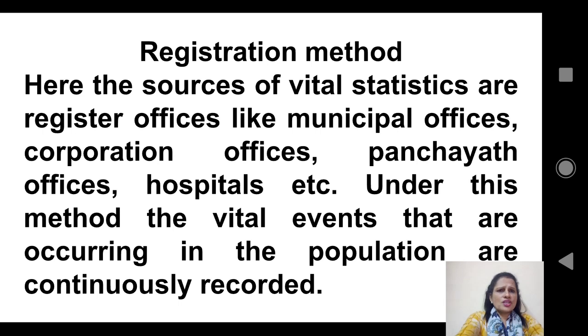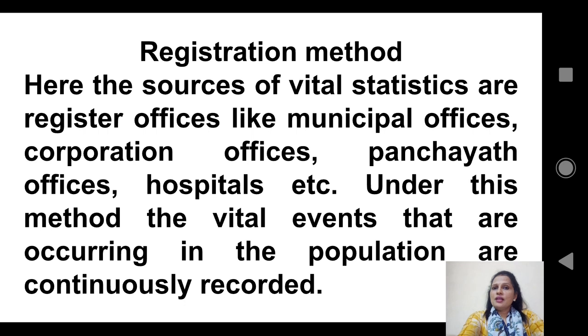In registration method, the sources of vital statistics are register offices like municipal offices, corporation offices, panchayat offices, hospitals, etc. Under this method, the vital events that are occurring in the population are continuously recorded.